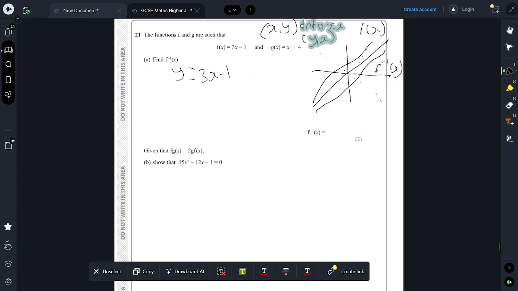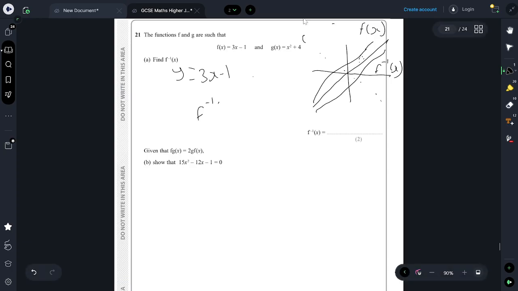That is all that inverse functions are doing. So the inverse is asking: what value of x gives this value of y? If you have f inverse of 6, what value of x gives f of x equals 6? That's the whole idea.